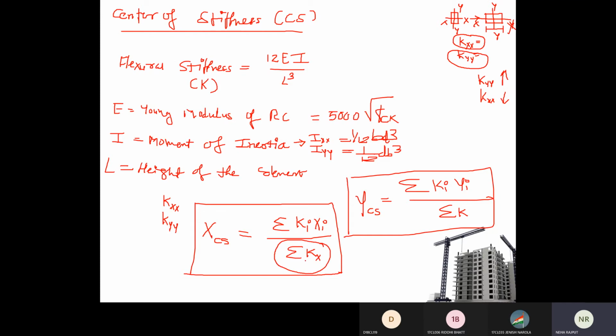So here you can modify your equation: x center of stiffness is equal to summation of kx into x distance divided by summation of kx. Right, you need to consider stiffness in x direction for x, stiffness in y direction for y. Any doubt till this?